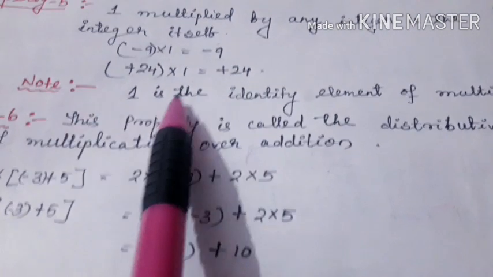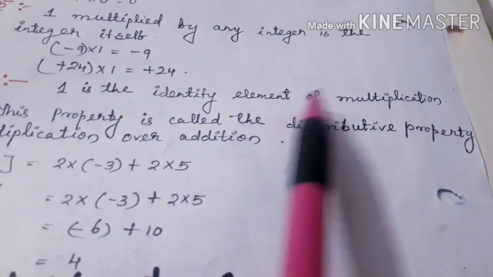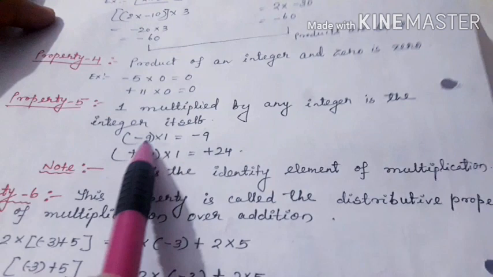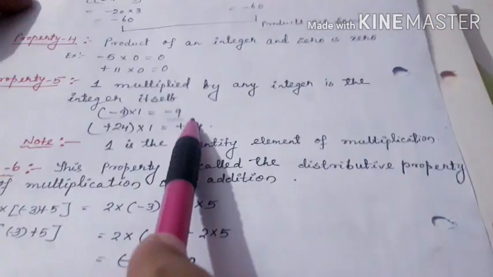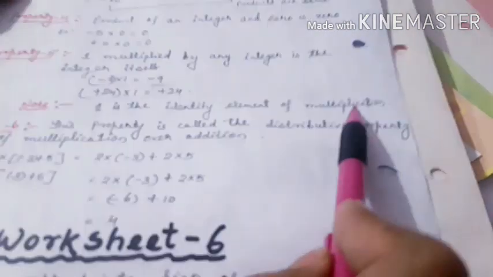Here one note: 1 is the identity element of multiplication. In the previous class I told you 0 is the identity element of addition, because it will not change the value. When you multiply by 1, its value remains the same. The number itself we get as the answer. That's why 1 is called the identity element of multiplication.